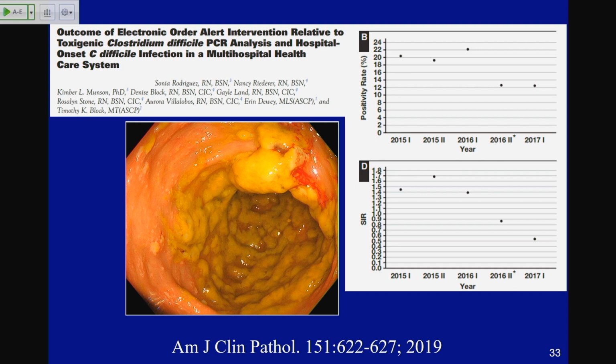Now the SIR, do we have an infection control practitioner in the house? Okay, a SIR is a standardized infection rate, so that's essentially your nosocomial transmission rate. And by the way, they stratify it based on your hospital size and hospital location, so that apples are being compared to apples, right? So if you're in good shape, your SIR rate should be about 1.